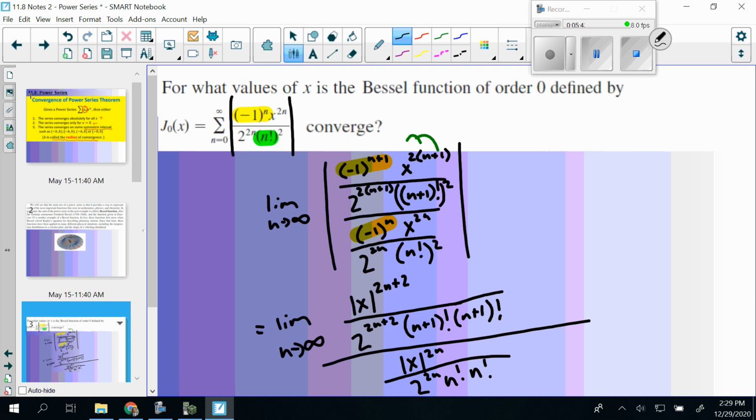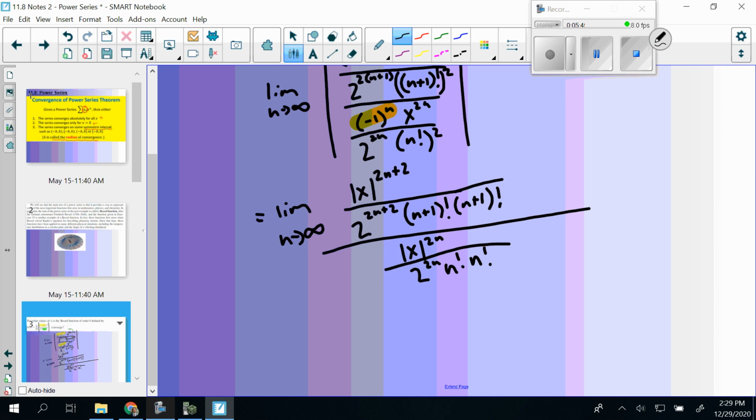Let's multiply by reciprocal now. So I'm going to multiply by that denominator to get it into one fraction here. So if we do that, now this is going to end up being this.